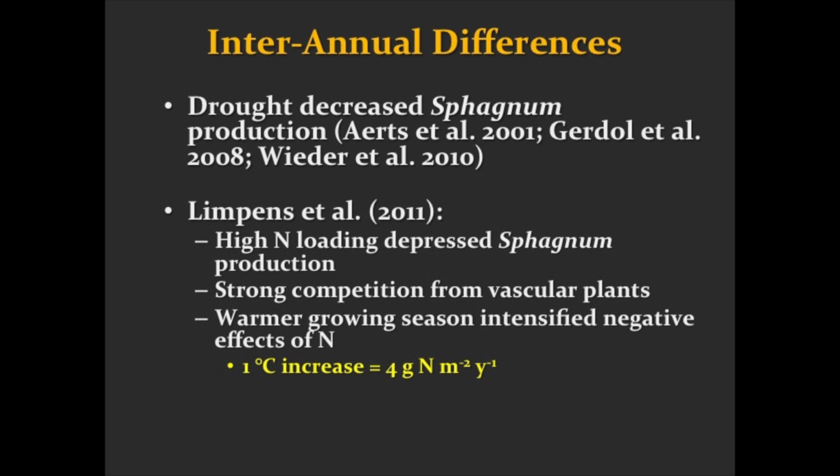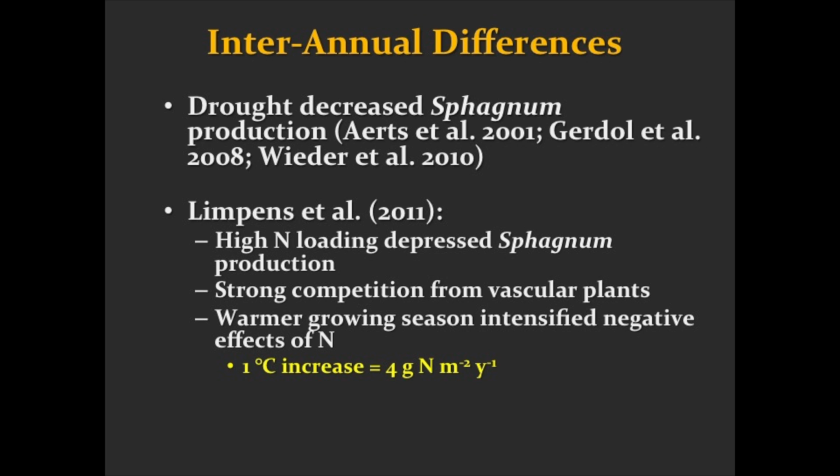And more recently, a meta-study by Limpens compared over 100 studies on sphagnum production across Europe, North America, and Asia. They concluded that overall, high nitrogen loading negatively affects sphagnum production, especially when you also have strong competition from vascular plants.